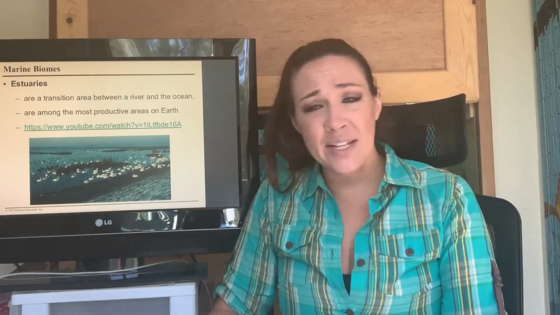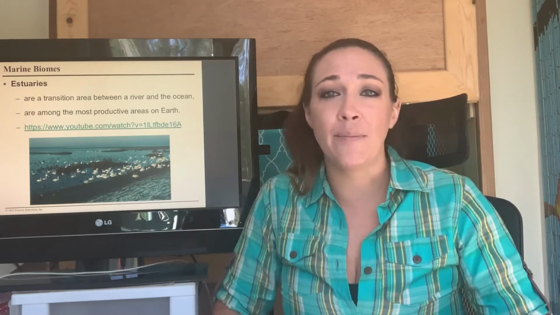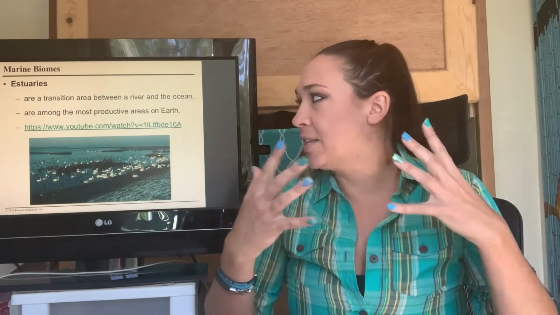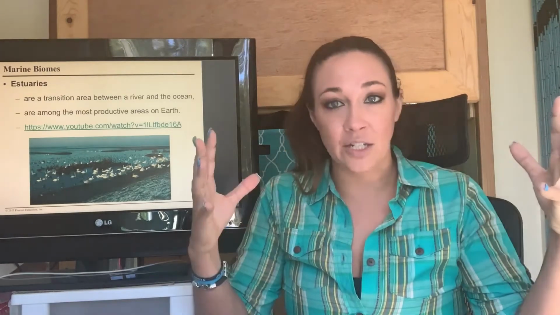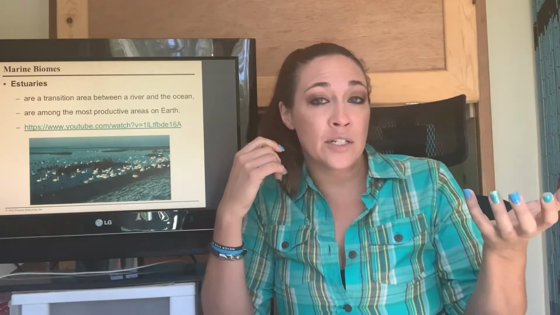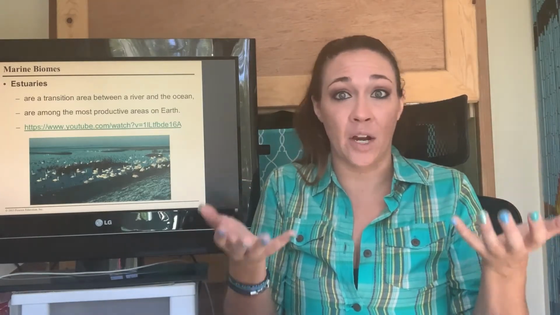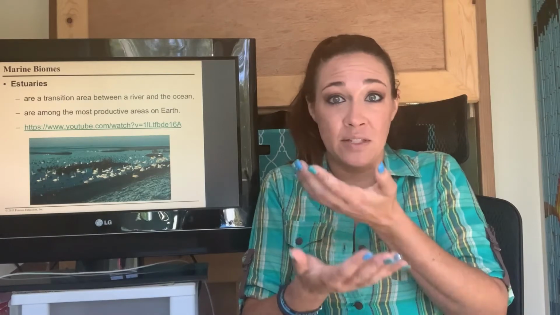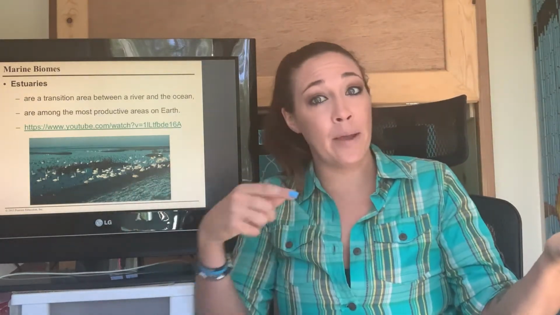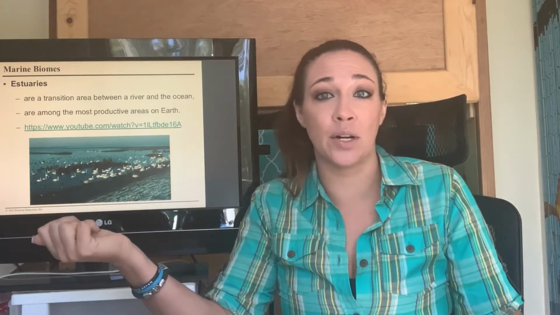So these areas are really, really, really amazingly productive. Like those marshes that we talked about, these estuaries are one of the most productive places in the entire planet. And that's because you have some freshwater organisms that live there, some marine organisms that live there. You usually don't get the same living in the same environment. You get terrestrial organisms that come to feed on the fresh water and maybe even to feed on the marine organisms.